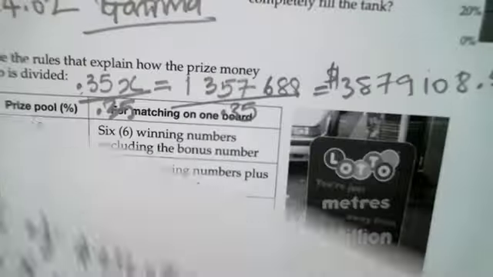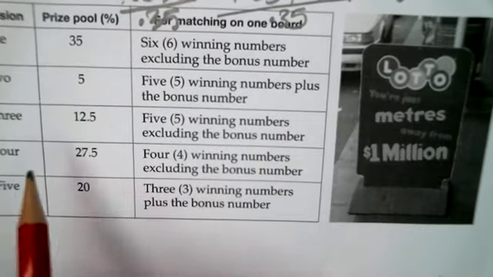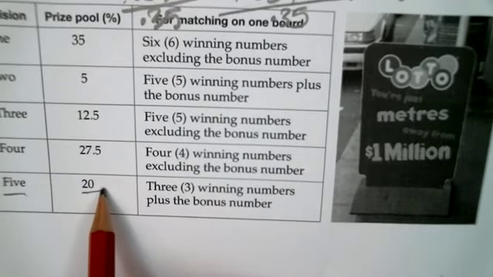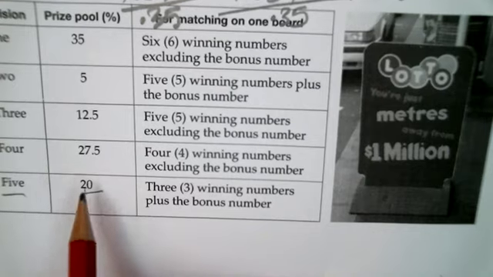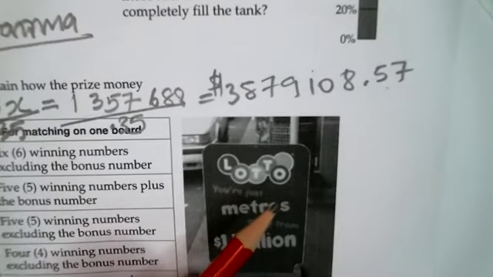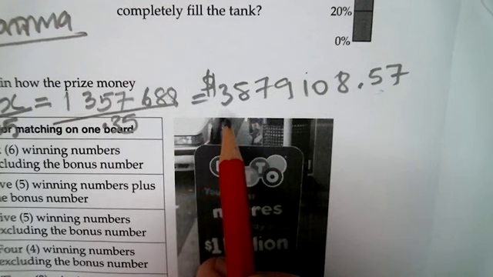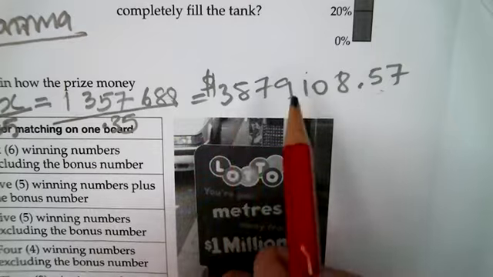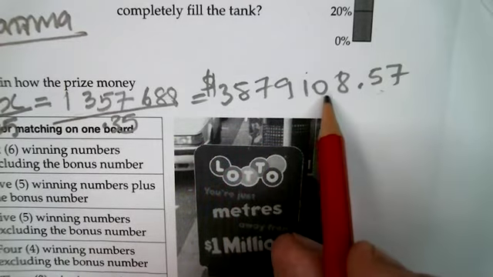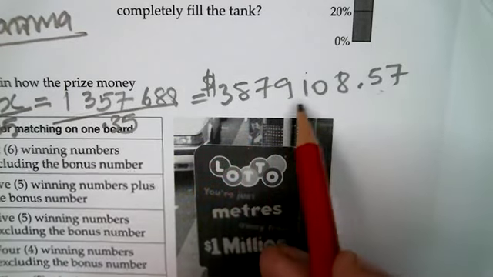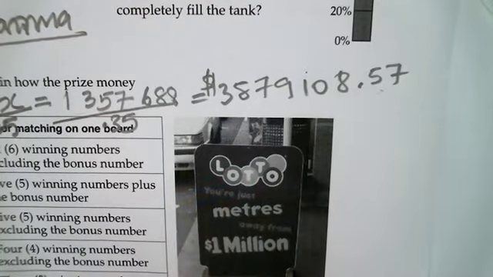Division 5, we're told, is 20%. So the question is, what is 20% of the total prize pool, which is, let's have a look, sorry. Yeah, if the total prize pool of this thing here. Sorry, I was looking at the original one again. So that's the total prize pool. Let's find 20% of that.